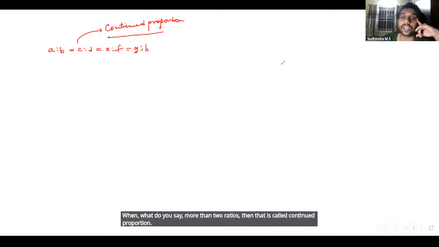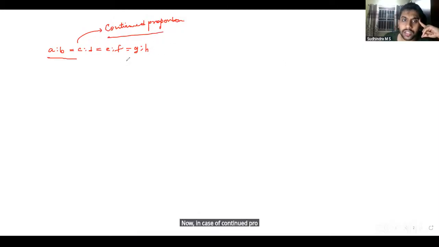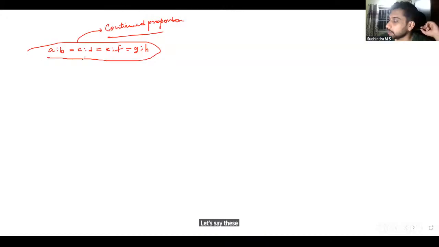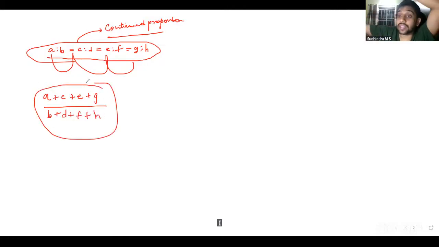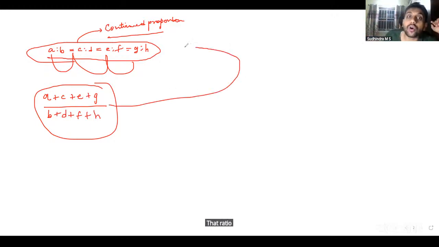Now, in case of continued proportion, let's say these 4 ratios are in proportion. If I add the antecedents A plus C plus E plus G, and add the consequents B plus D plus F plus H, I end up with another ratio. That ratio will also be in the same proportion.